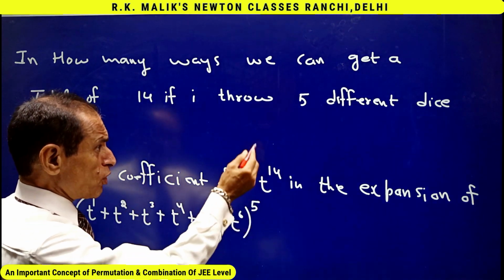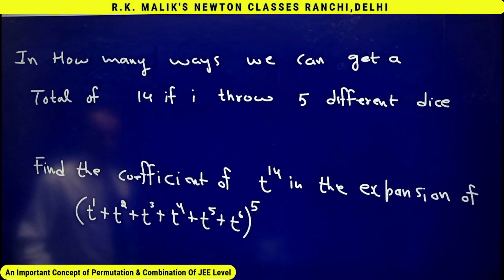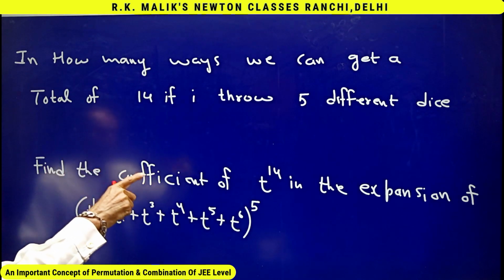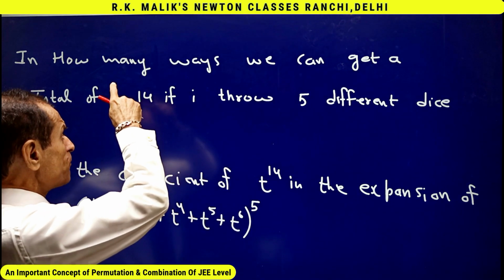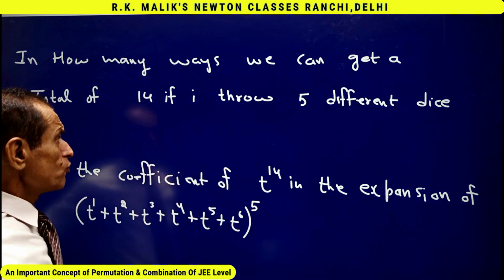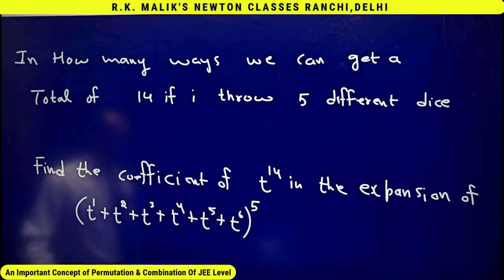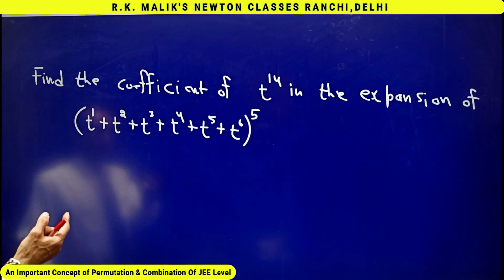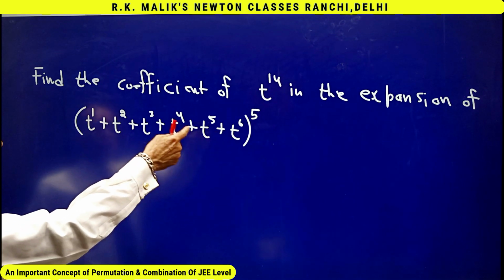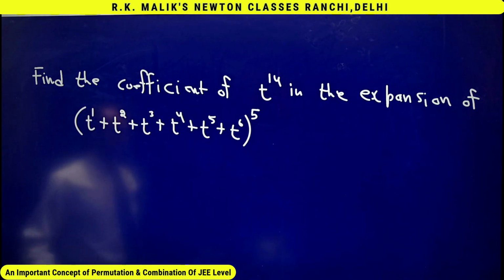Power 5 has come because I am throwing 5 different dice, and I am finding the coefficient of t to the power 14 because I want to find the number of ways of getting a total of 14 with the help of 5 different dice. Means my question now reduces to the question of algebra, that you have to find the coefficient of t to the power 14 in the expansion of this.